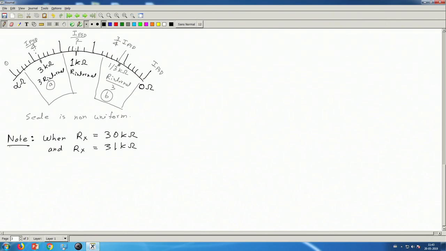These two values of Rx will be very close to each other on this scale.